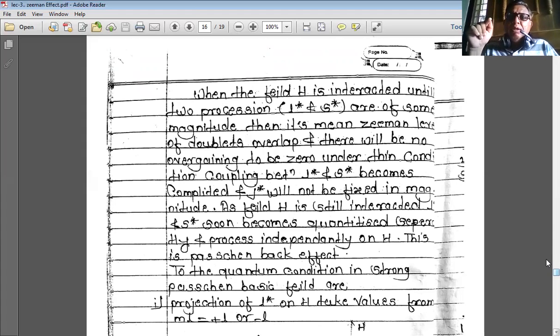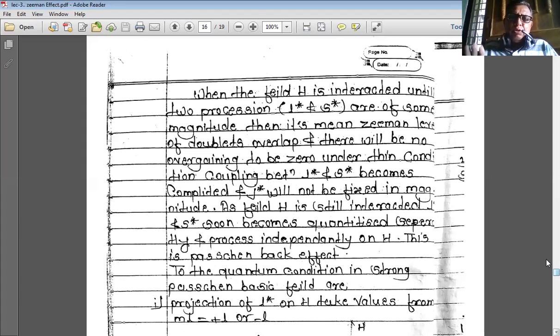Then the Zeeman levels of the doublets overlap, and the coupling between L star and S star goes to zero. Under these conditions the coupling between L star and S star becomes complete, and J star will not be fixed in magnitude as field H is still introduced.